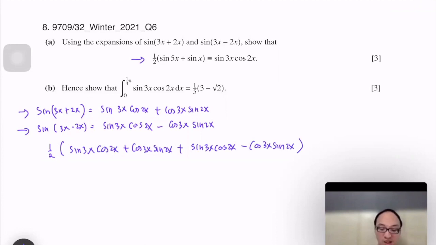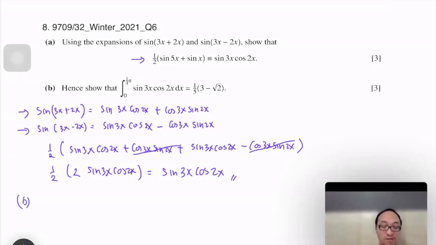So we can cancel cos 3x sine 2x. So it becomes half times 2 sine 3x cos 2x equals sine 3x cos 2x. Proven, ya?